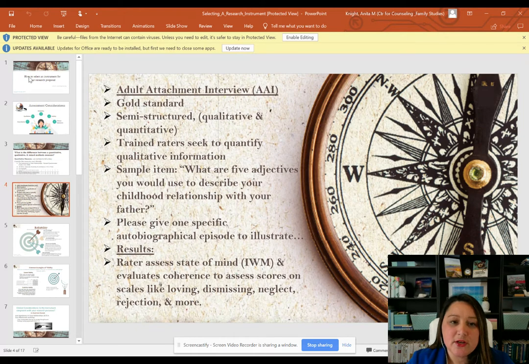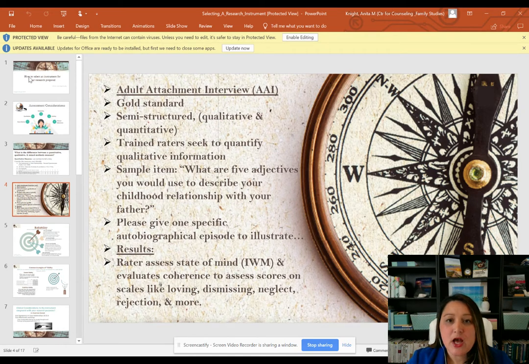Another measure of attachment is called the Adult Attachment Interview, or the AAI. This is the gold standard that provides an attachment classification using both the virtues of qualitative and quantitative assessment. The assessment is a semi-structured interview that takes approximately 1 hour. After the interview is conducted and recorded, it is transcribed, and the transcription is given to a trained rater.